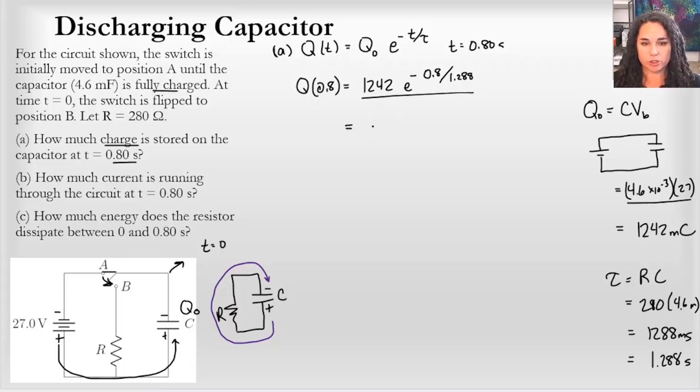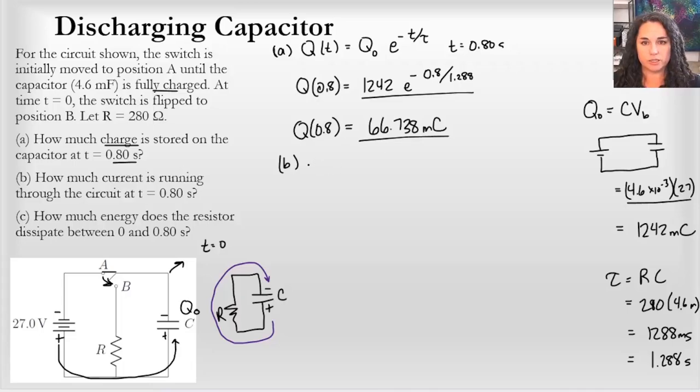When you do that, you should get 66.738 millicoulombs. Q of 0.8. Okay, so that's part A. Answered that real simply. How much current is running through the circuit?